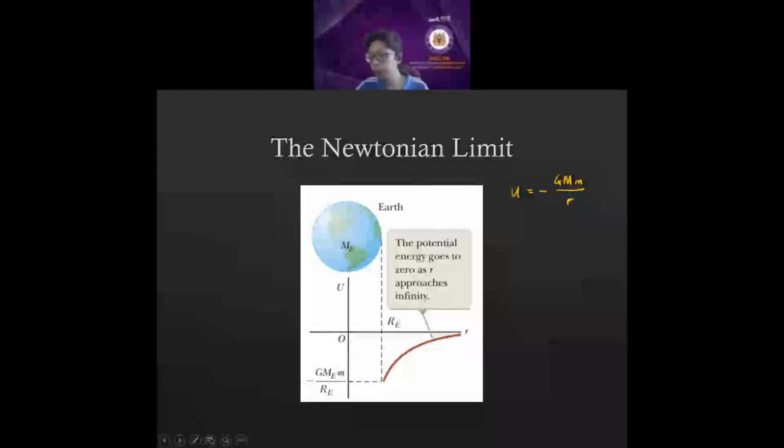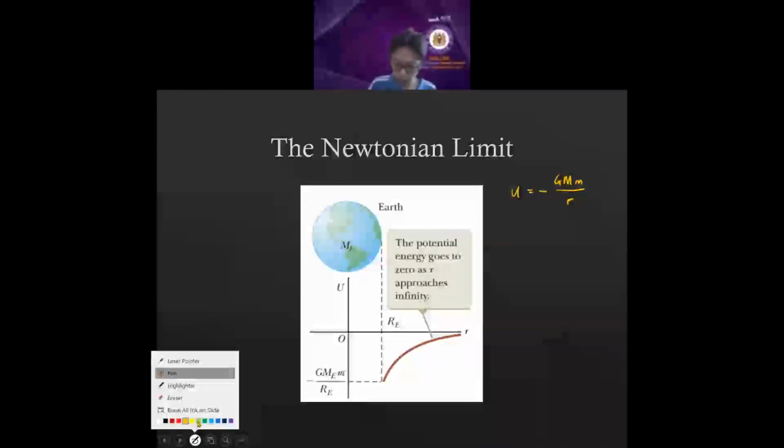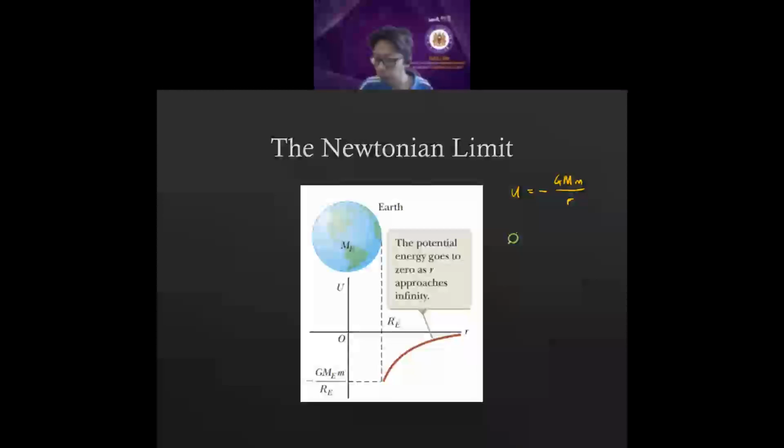But notice that we do not say anything about the potential energy inside the Earth. Now, phi is defined to be the gravitational potential energy per unit mass, so phi is U over the small m.